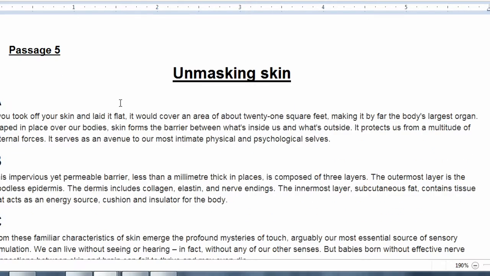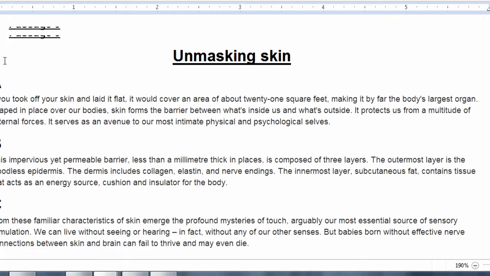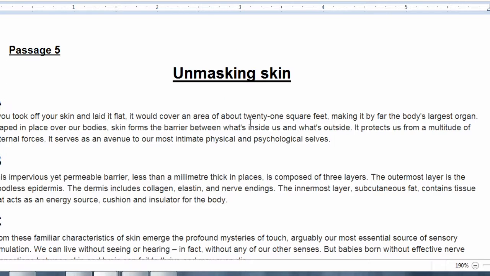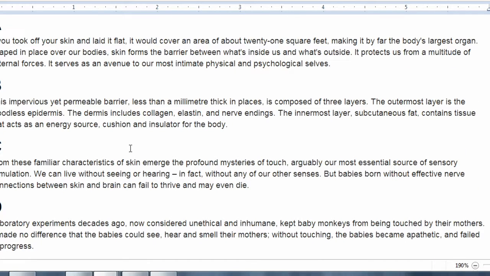Let's scan first. Touching, lack of touching. We're also going to be looking for synonyms, right? So we have to keep in mind that sometimes they're using synonyms instead of the actual word which they use in the question. So it's very important we keep that in mind. But let's scan.